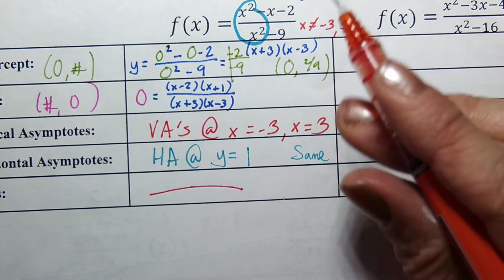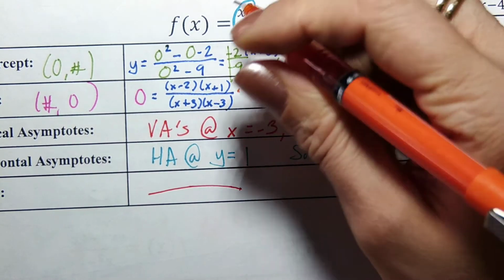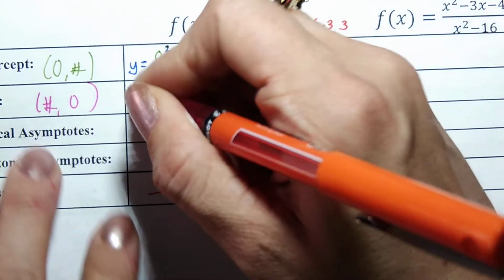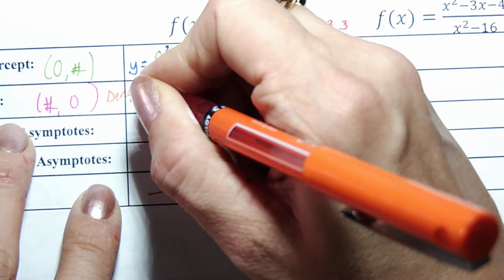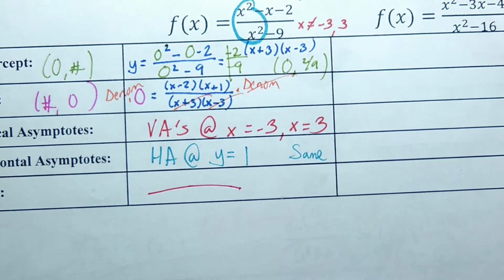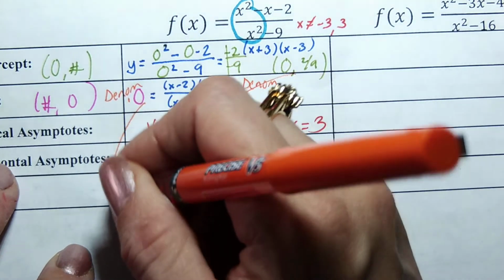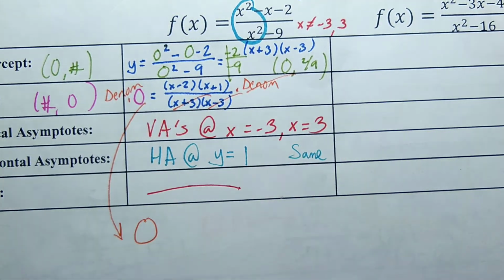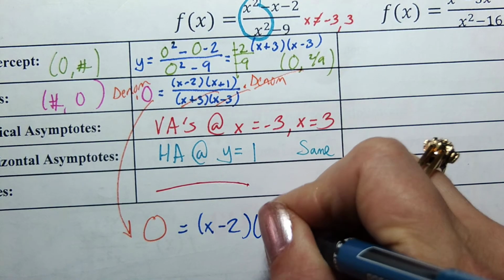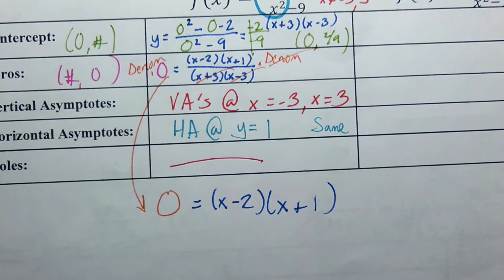So what am I going to multiply by to get rid of that denominator? X plus 3 and x minus 3. I'm going to be lazy and just write denom. I'm just going to multiply through by the denominator, which will give me 0 equals x minus 2 and x plus 1.